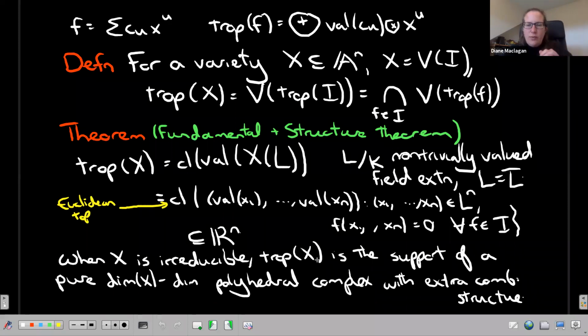In the very first ones, the polyhedra were just line segments and rays. So I've got a polyhedral complex, a union of polyhedra, and then there is some extra combinatorial structure, which I will say a little bit about on the next slide. Okay, but maybe a pause for questions.